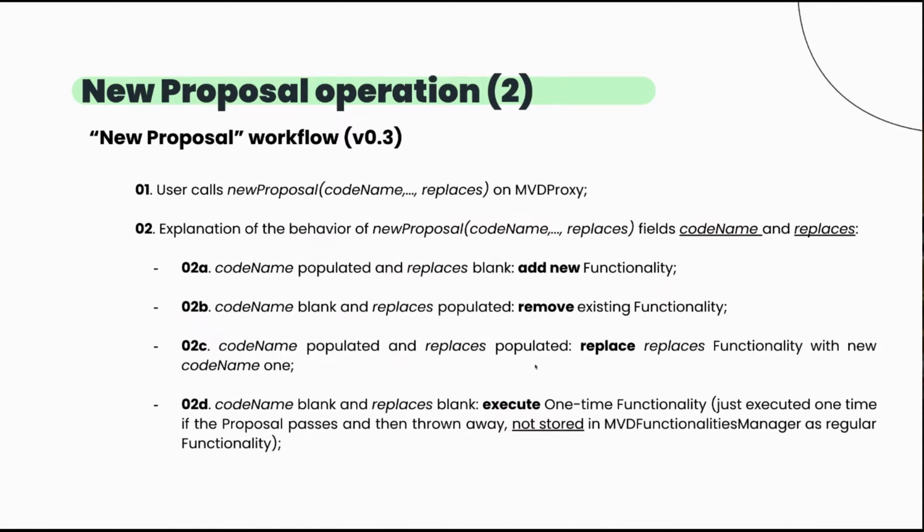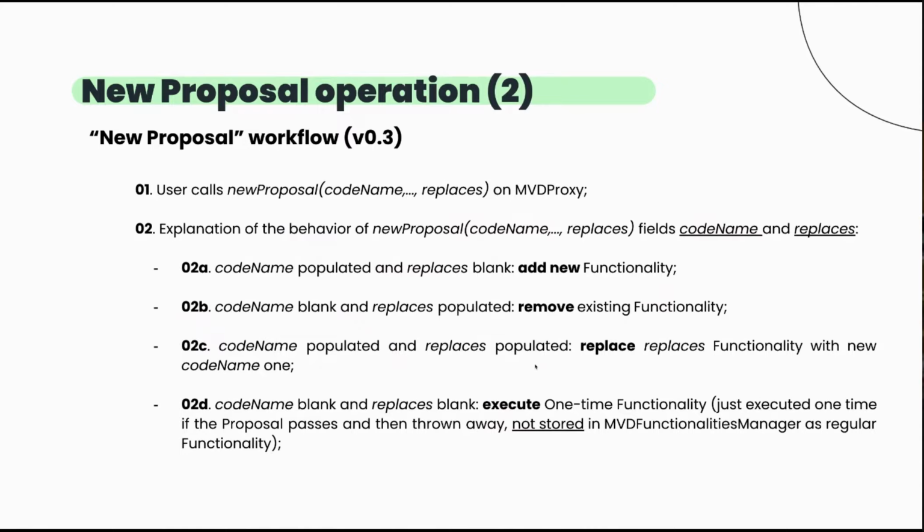For example, if the code name is populated and the replaces is blank, we are adding a new functionality. While if the code name is blank and the replaces field is populated, we are removing an existing functionality.